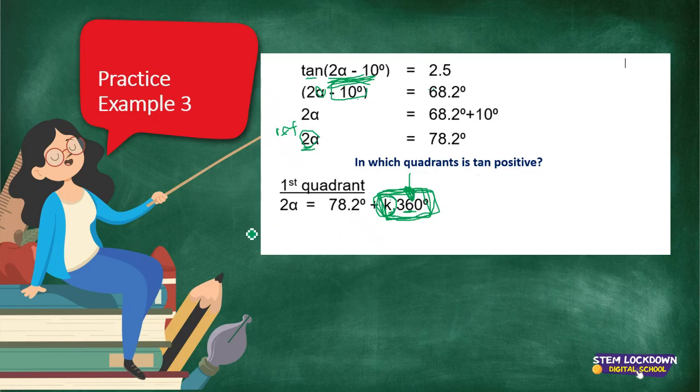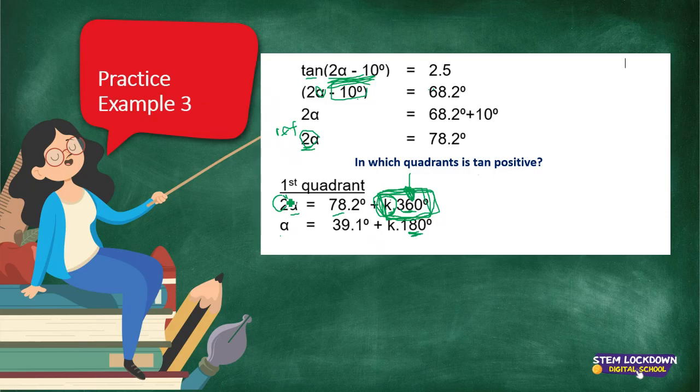Right. So at this level, alpha is equal to, we're going to remove the 2, dividing everything by 2. Our general formula says that alpha is equal to 39.1 degrees plus K times 180 degrees. That 2 will be divided by 2 because your angle is a double angle. We'll put more emphasis on that one later.